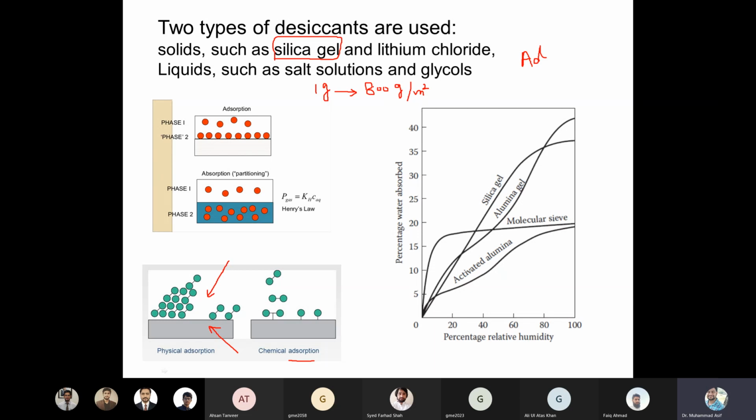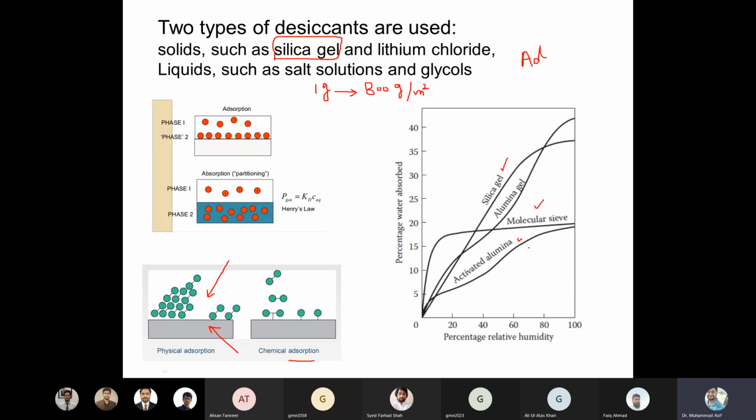There are many others as well, like activated carbon. You can see from here that along with silica gel, we have the molecular sieve and activated alumina gel, right? They have huge surface area, and because of the huge surface area, water vapors can adsorb on the surface of the adsorbent.